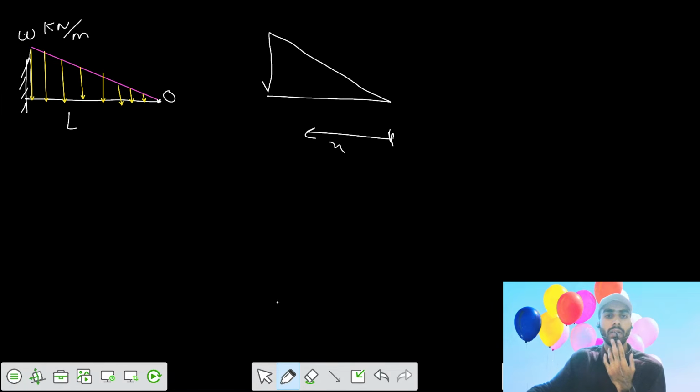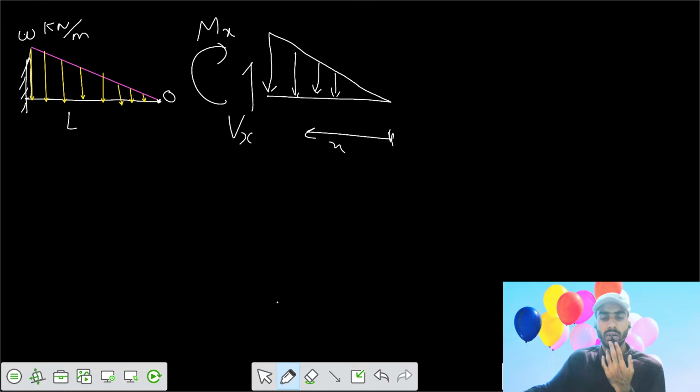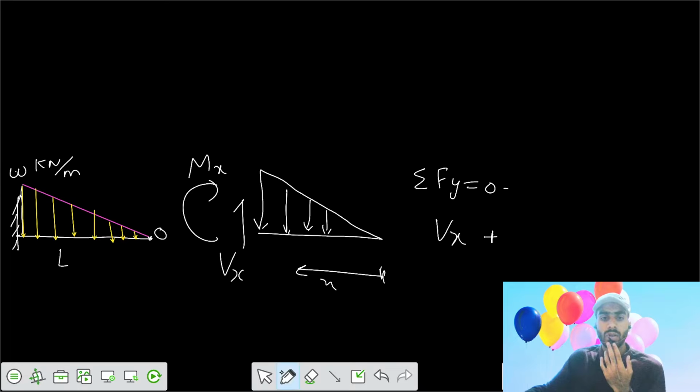We can have loading downwards. Suppose the shear force here is Vx, and the moment here is Mx. Let's take summation Fy equals 0. The shear force Vx acts upwards, plus the loading acts downwards. If this is your loading diagram, what is the total load?